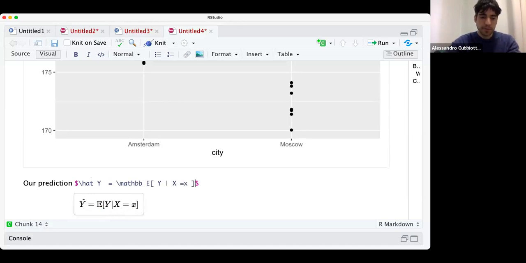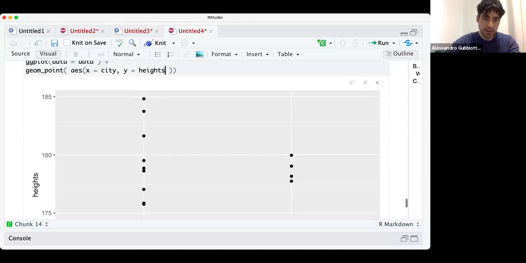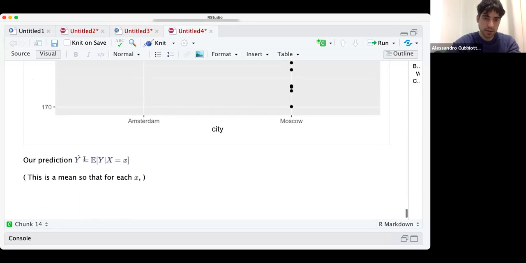This quantity here is actually chosen so as to minimize. This is a mean, so that for each x, and it's a function of x, because it depends on the value x assumes.